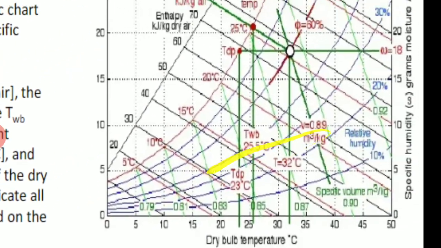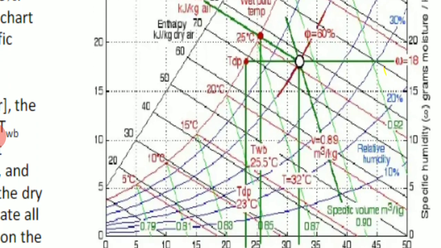Then the specific volume lines. The specific volume lines can be obtained from the same fixed point. Near the bottom x-axis line, you can see green color letters.